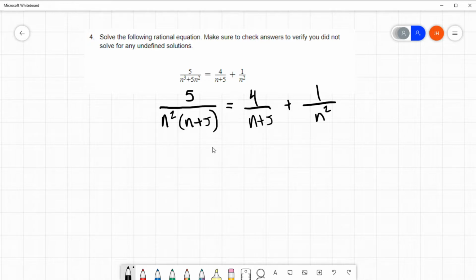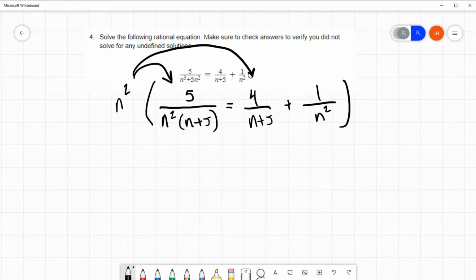Okay, so that's where we are. Cool. So, one of the things with all these rational equations, it's really annoying having fractions, right? Yeah. So, something that's useful is that if I multiply the left and the right hand side by n squared, it'll multiply everything, and that'll allow me to get rid of this one and this one, right?